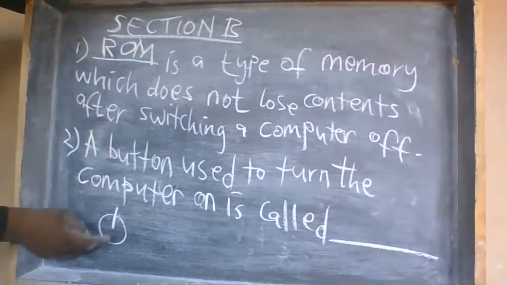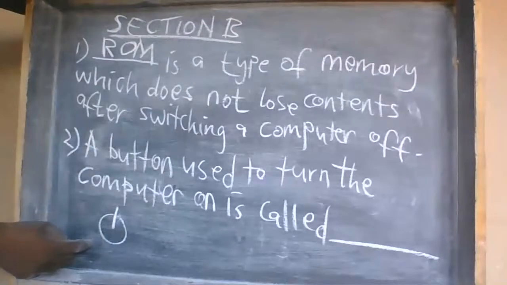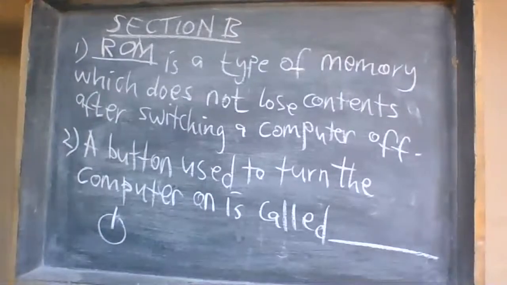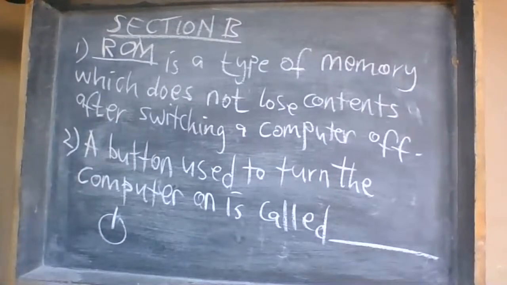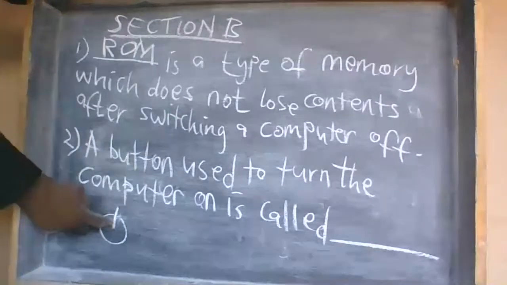This button on the computer system represents 0 and 1. We know that a computer system operates using binary numbers, which is machine language. And when we say a binary number, we are just talking about a combination of a 0 and a 1.